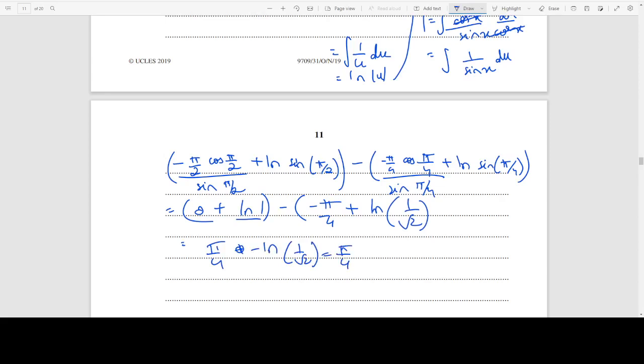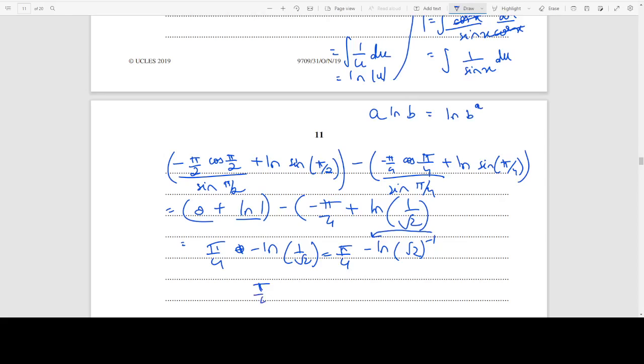Let's multiply the numerator and denominator by root 2. So we have minus ln root 2 raised to minus 1, and I hope you all know the properties of logarithms. Let's say we have a ln b, this is equal to ln of b raised to a, so we can just take this minus 1 over here.